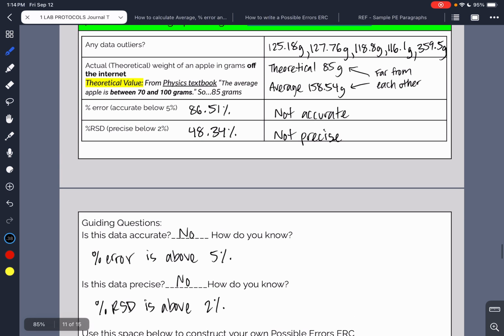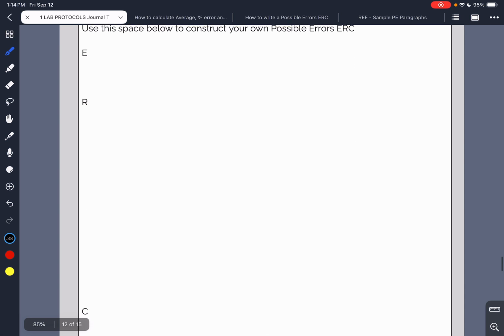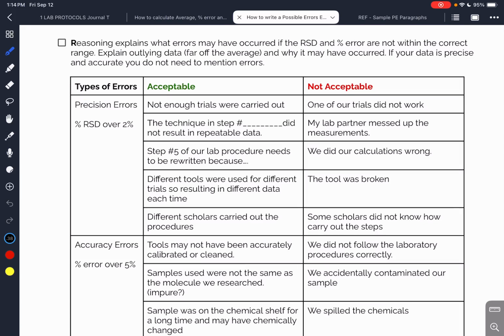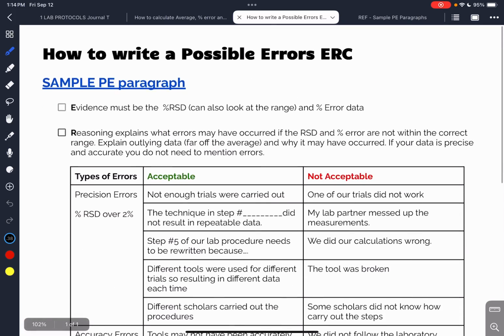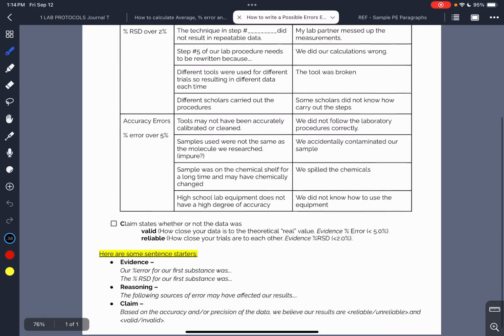Now that we've done a little bit of analyzing our data, the next thing we're going to do is put this together and start writing out our possible errors paragraph. What we're going to be using as a guide is how to write a possible errors ERC, which breaks down what goes in each section and also has some sentence starters.